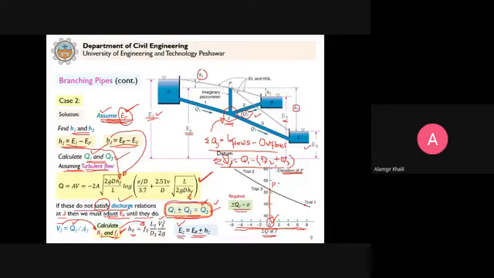But this P elevation we don't know in advance. If we knew this P value, we could assume it here. This will be the correct P value, and we will get the solution in one trial. But since we don't know, what we do is assume, let's say this was your first value, then this was your second value, and you get a third value, and so on.